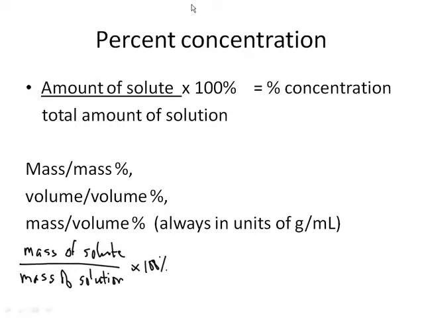So essentially I'm just using this generic formula and applying whatever units it's told me. So for mass percent, it's mass of solute over mass of solution. For volume percent, it would be volume of solute over volume of solution. And mass volume percent actually has specific units. It's always grams of solute over milliliters of solution.